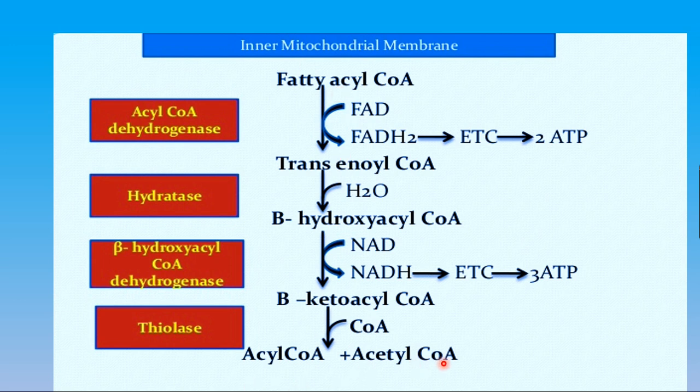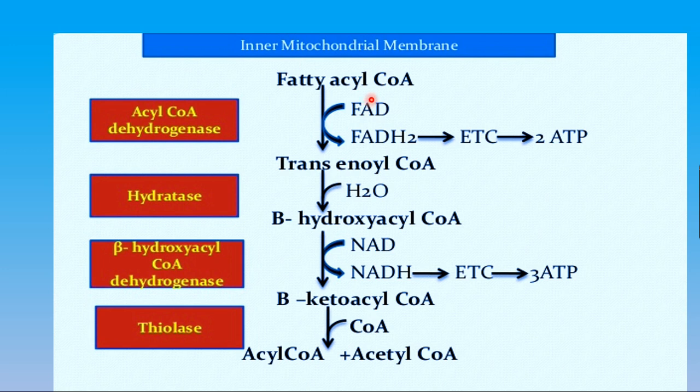Okay, so what happens to this acetyl CoA? This acetyl CoA enters into the TCA cycle, that is our Krebs cycle, and liberates carbon dioxide. But the acyl CoA, which is having 2 carbons less, enters into the beta oxidation of fatty acid mechanism, and the process will continue like this until you have the complete oxidation of the fatty acid that entered into beta oxidation.